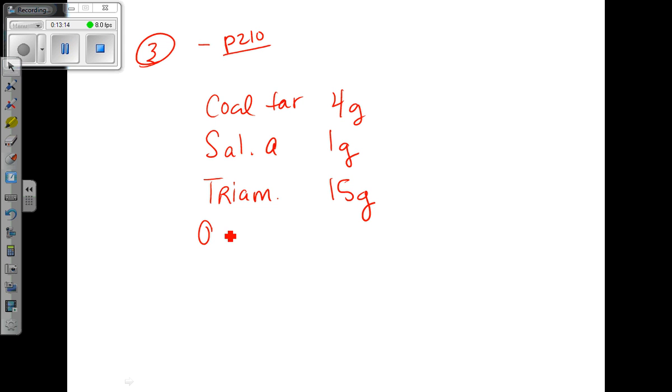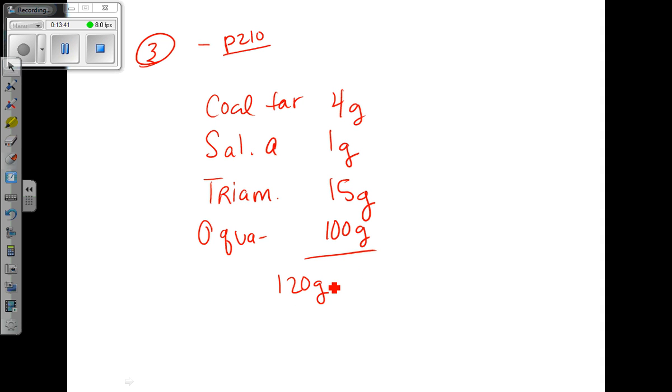And your aqua base ointment is going to be 100 grams. Okay, so it's what they want the prescription for. They want coal tar 4 grams, salicylic acid 1 gram, triamcinolone 15 grams, and aqua base ointment 100 grams. So this is going to yield 120 grams.